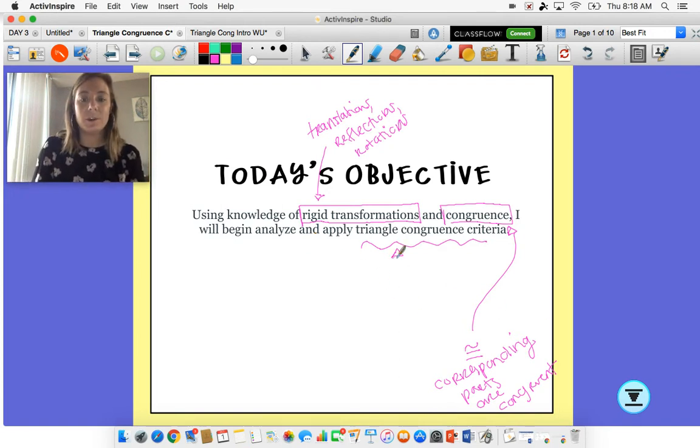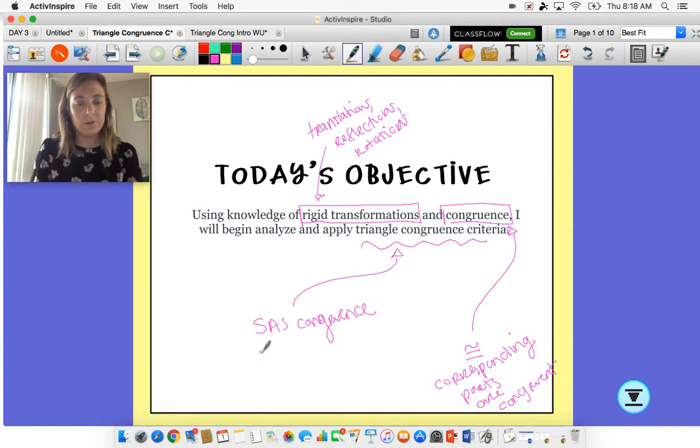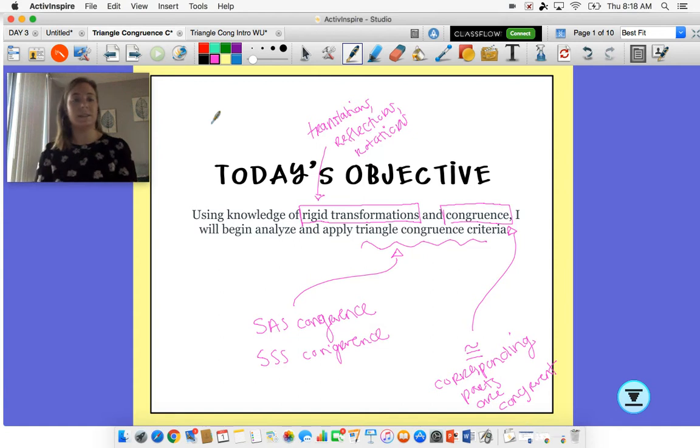And so what you learned about was side angle side congruence, or SAS, and side side side congruence. You had an opportunity to explore this in class and see it in action.